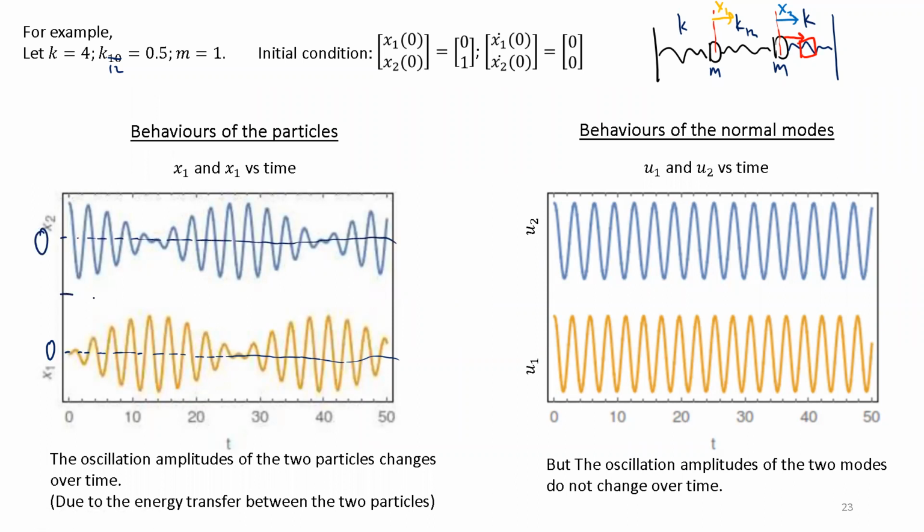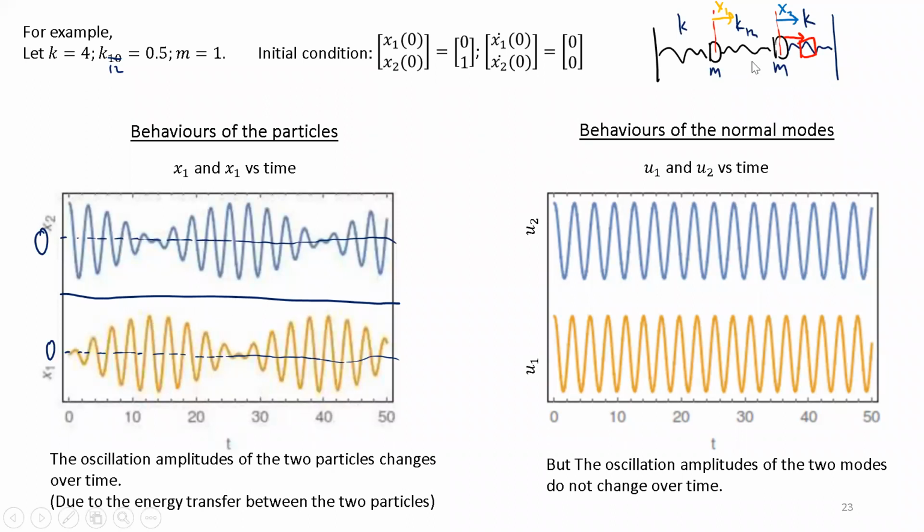There are two sections in the same plot. If I look at x1, initially x1 is at 0. That makes sense, because initially we are not giving it any displacement. But as time evolves, you can see that it starts to oscillate, and the amplitude of the oscillation increases over time. And at this point, the amplitude of the oscillation is at maximum.